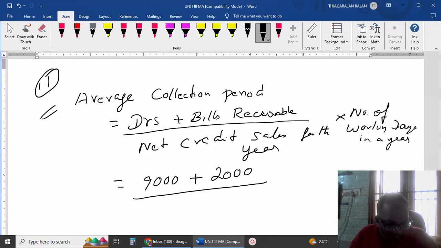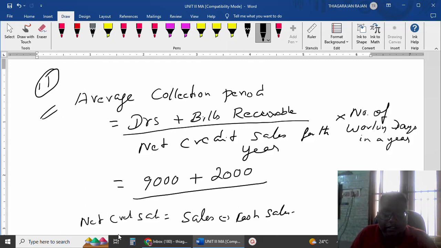How much are the credit sales? Here they have given the gross sales. Next, cash sales is given. Sales return is given. How to calculate the net credit sales? Net credit sales is sales minus cash sales minus return if anything.